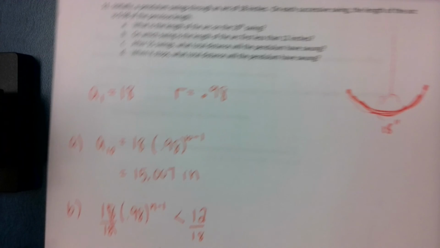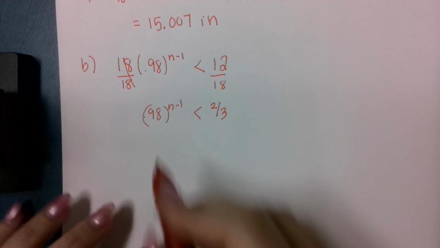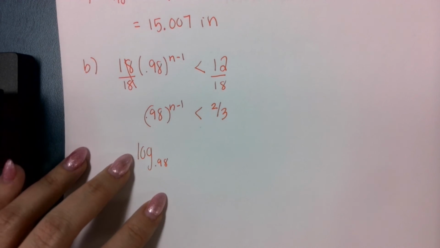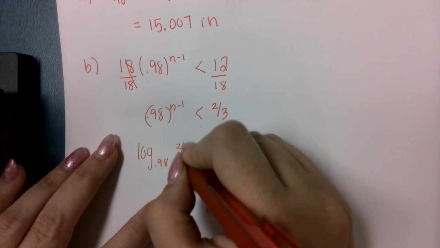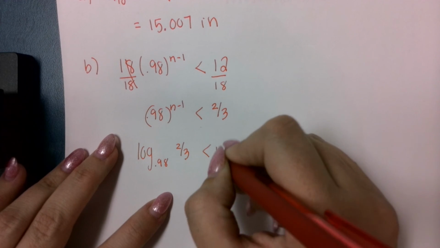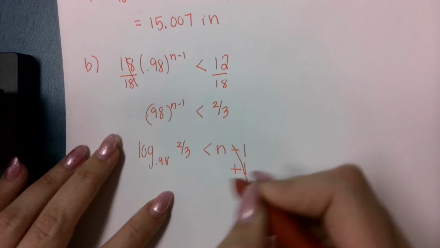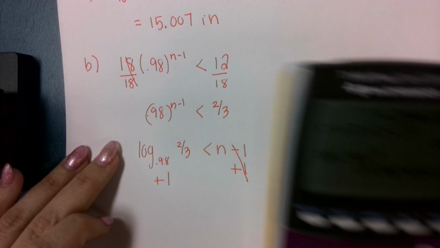Now I'm going to have to use my log to get the n out of the exponent. So log base 0.98 of 2/3, I need that to be less than n minus 1. To get that minus 1 away, we're going to add 1, and I'm going to plug that into my calculator.